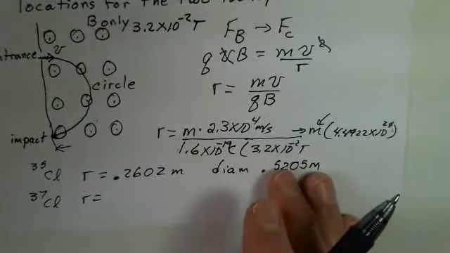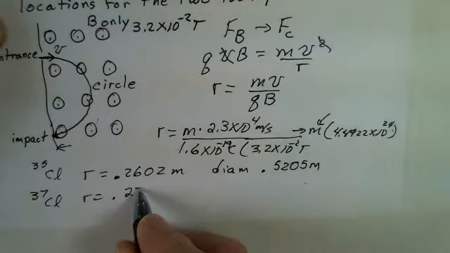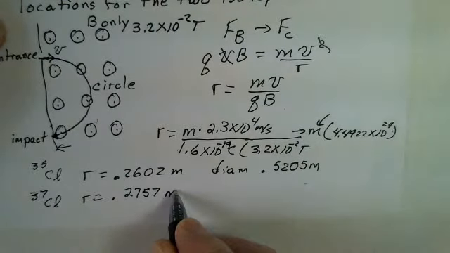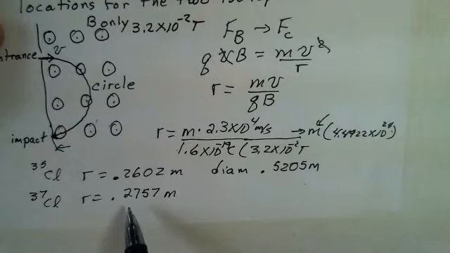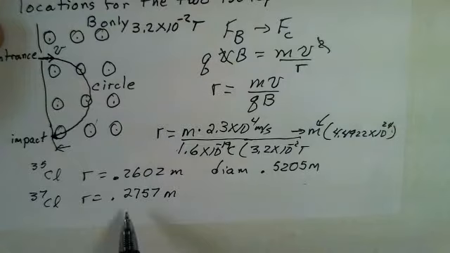And for this situation I came up with 0.2757. Do you think it's reasonable that this radius is larger? Yes, there's more mass here, there's more momentum, more inertia, and it's more difficult for the magnetic field to create the circle. So the things that have more mass go in larger circles.